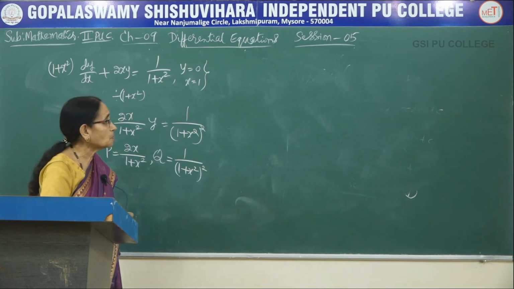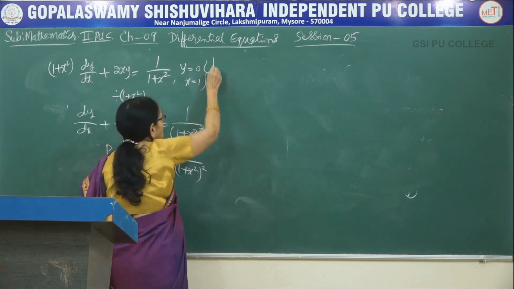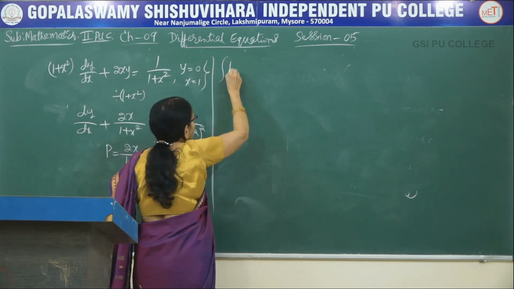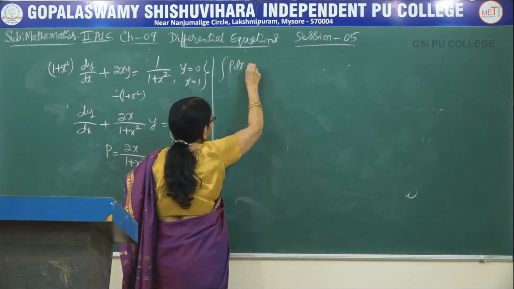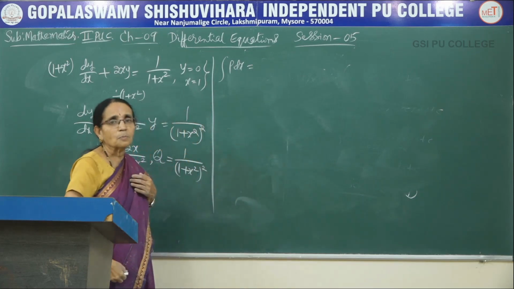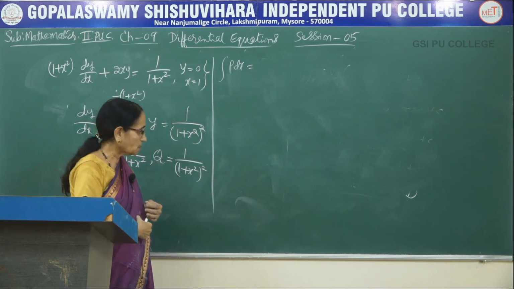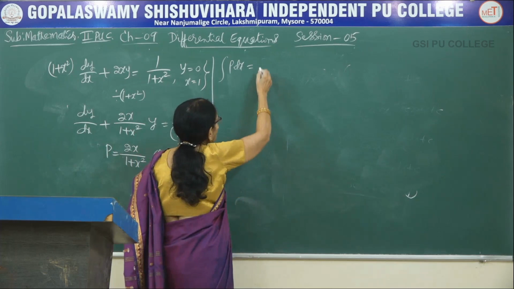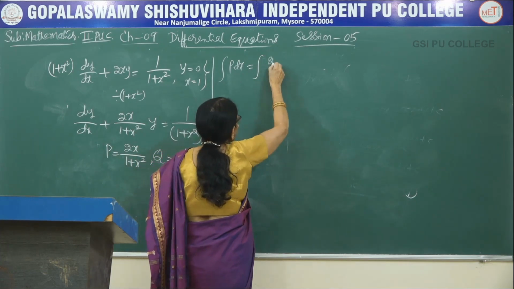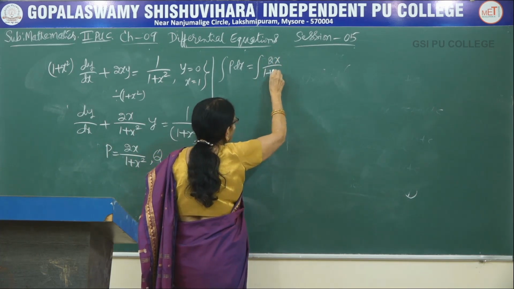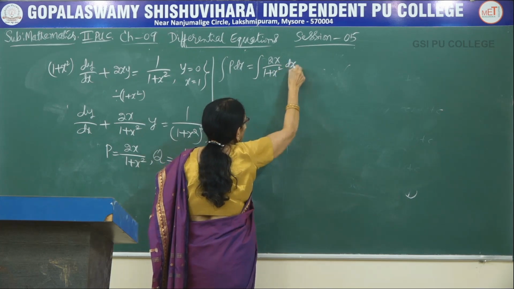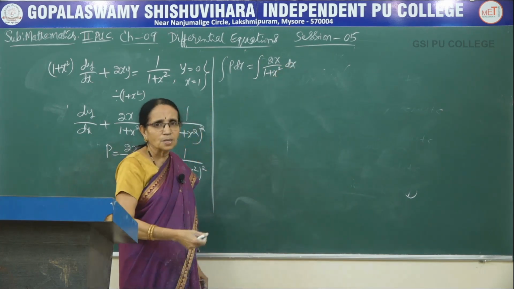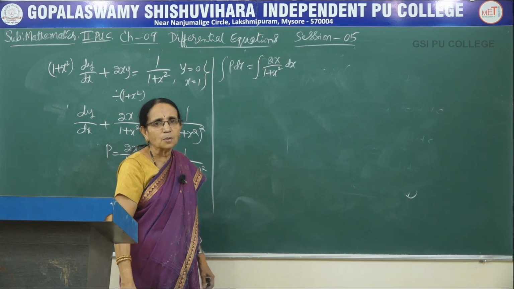What is the next step? You have to calculate integral p dx. This problem is again quite lengthy, especially when you are calculating the particular solution. Integral p dx is integral 2x divided by 1 plus x square dx. The same type of function we have come across in one of the earlier problems.